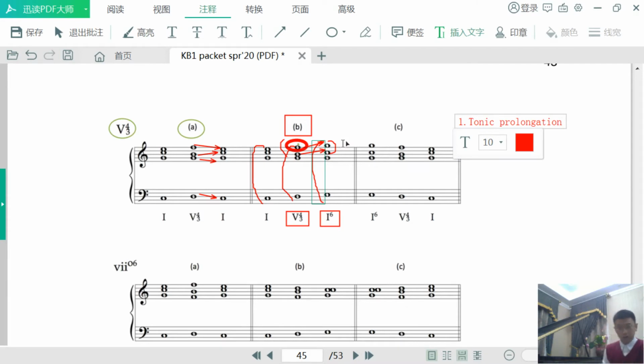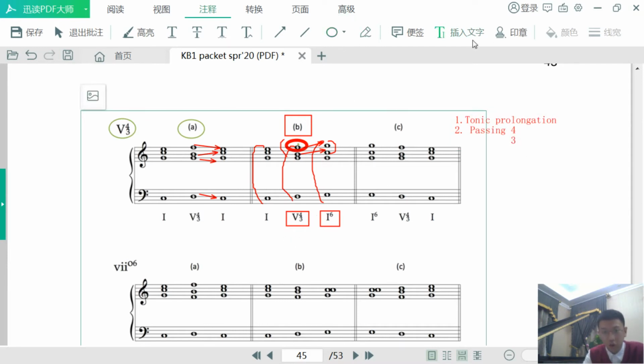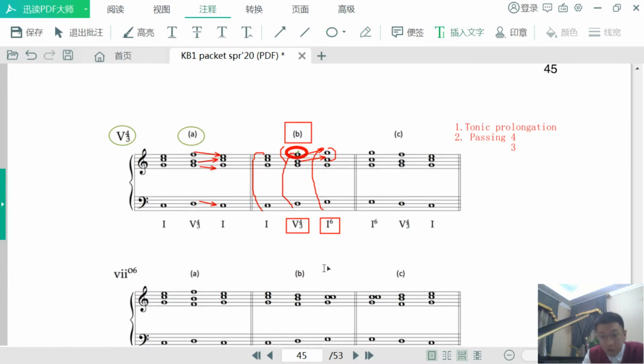So now, if we do this progression, we still prolong the one, and the 5-4-3 chord is here as a passing 4-3 instead of really a 5-4-3 chord in this case. It has a passing function. So I will not label it as a 5-4-3 chord.